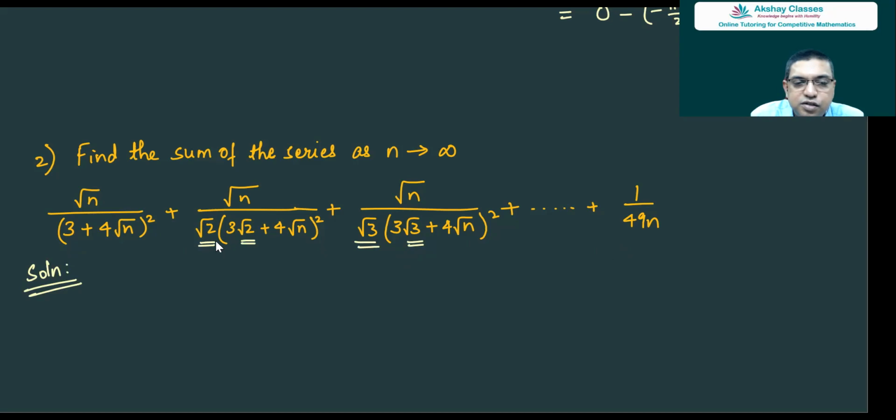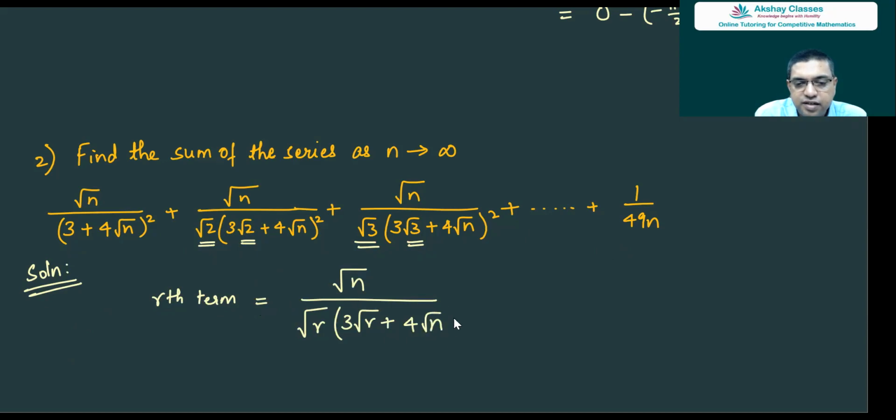This is root 2 times 3 under root 2, then of course whole square here. Other things are not changing. So this has to be r. So the rth term is root n by under root r times 3 under root r plus 4 under root n the whole square. This is the rth term.